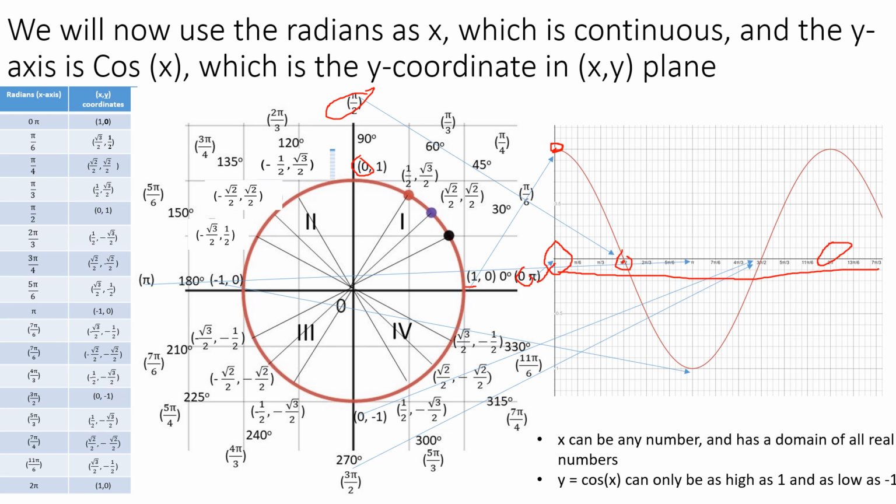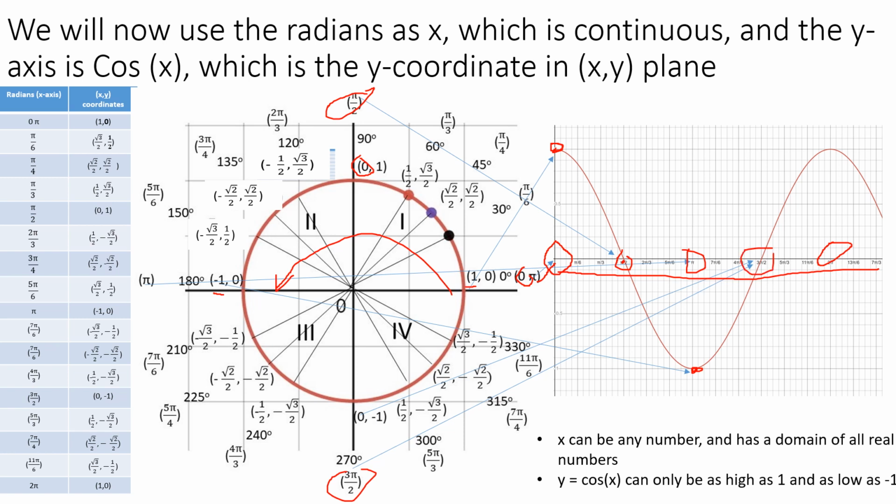And then if I go back down to my pi, which is halfway around the circle, from here to here, here's pi, and my cosine is negative 1, which is right here. Then at 3 pi over 2, my cosine is 0. Here's 3 pi over 2, and here's 3 pi over 2.